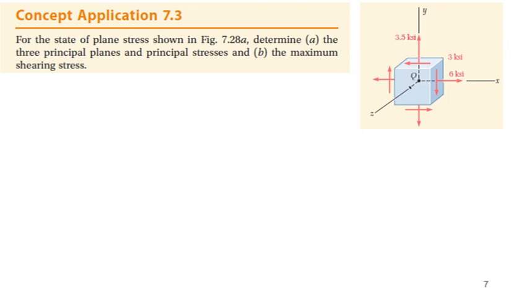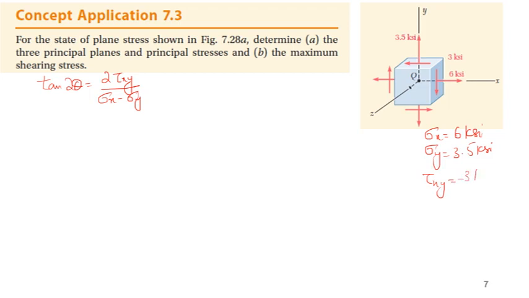So we know that for principal planes we can find tan 2 theta p equals 2 times tau xy divided by sigma x minus sigma y. Now in this problem, sigma x is 6 kilopounds per square inch (KSI), sigma y is 3.5 KSI, and tau xy is minus 3 KSI because of this direction.